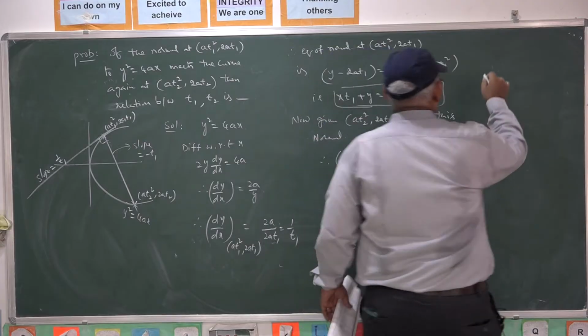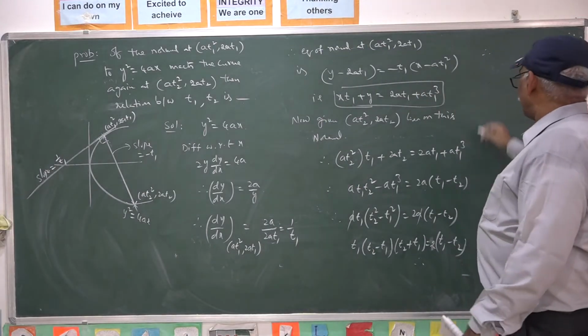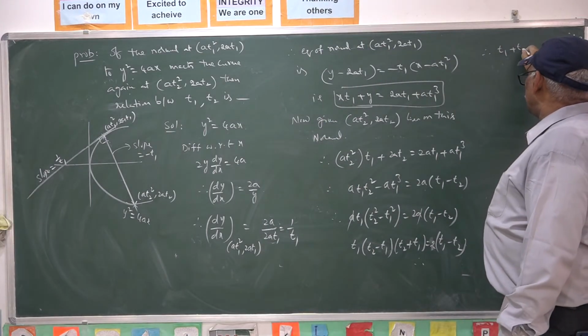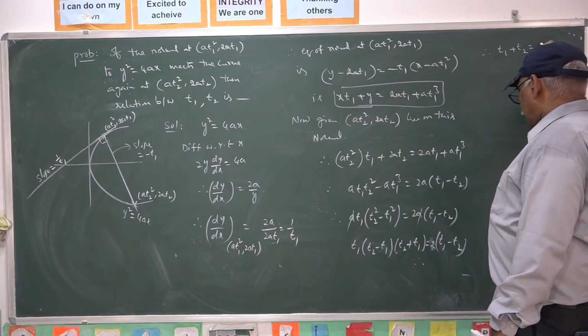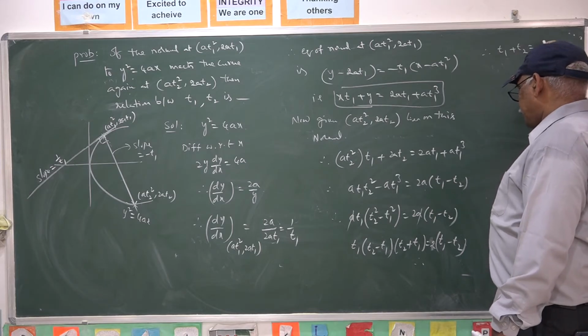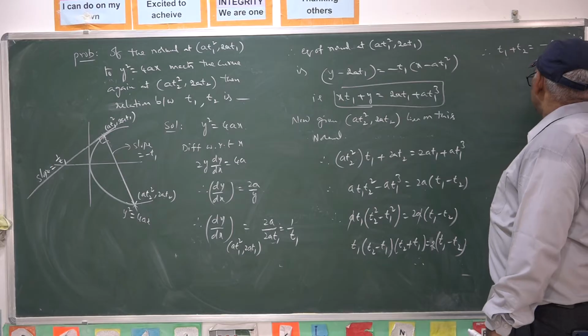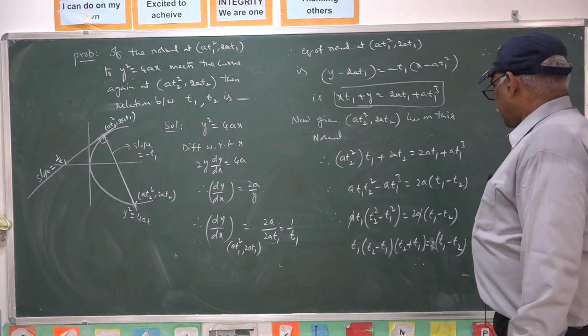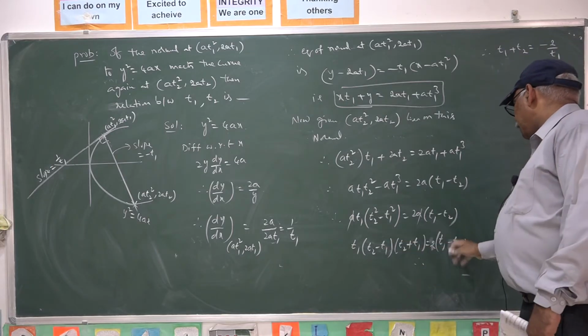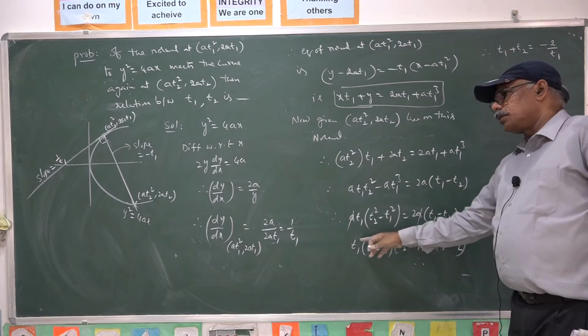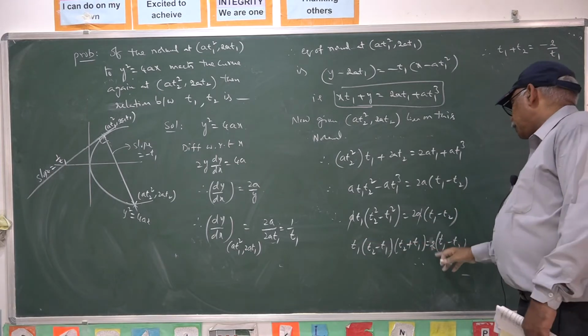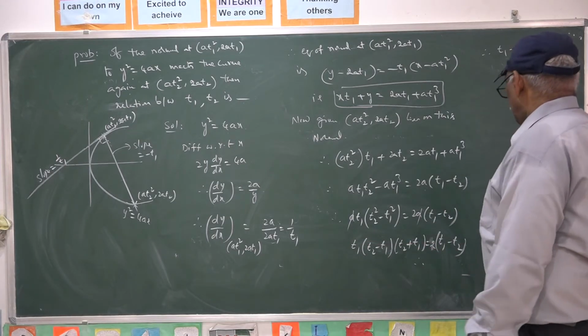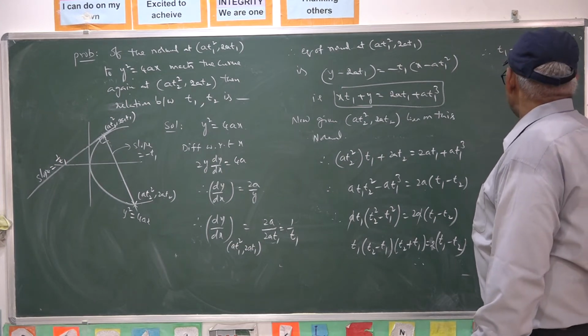Therefore, we get t1 plus t2 as minus 2 by t1. You can remove t1 minus t2, giving minus 1 times. So minus 2 by t1 is t2 plus t1.